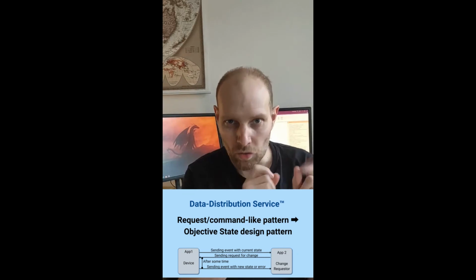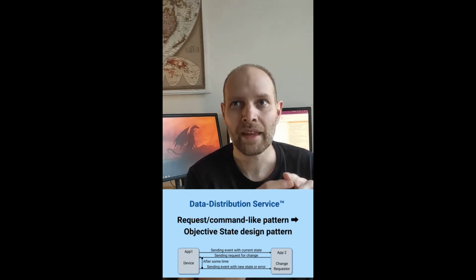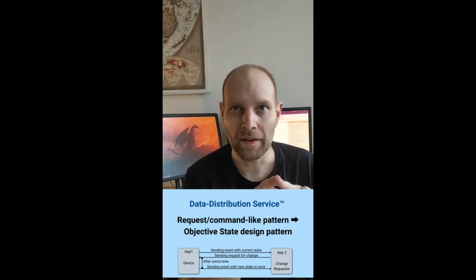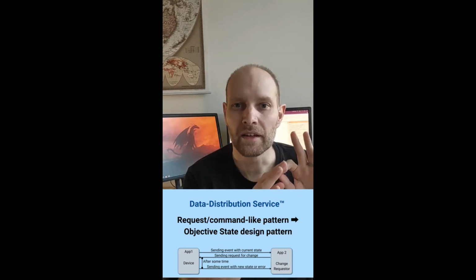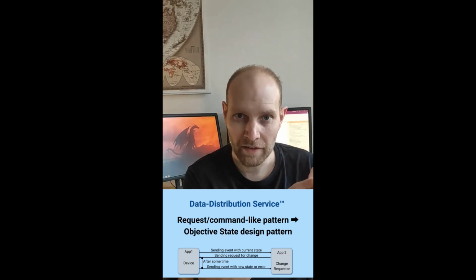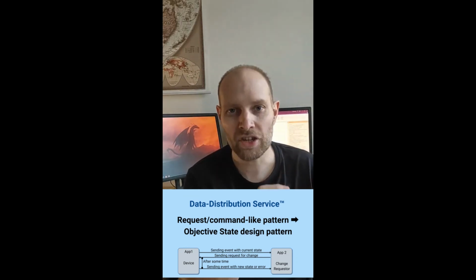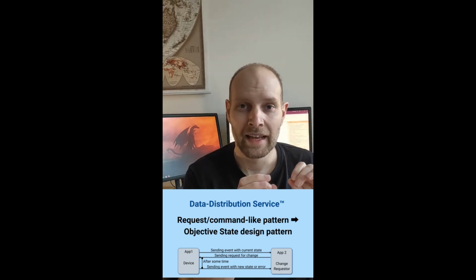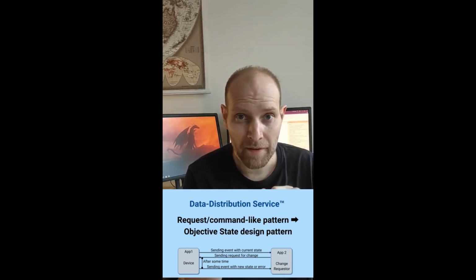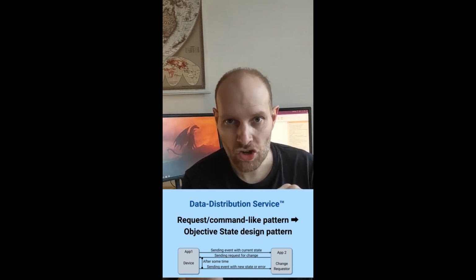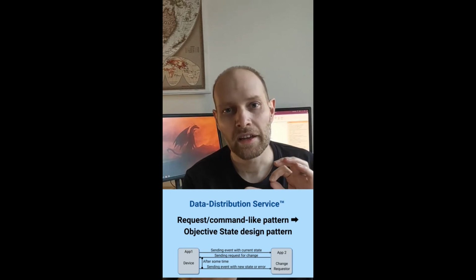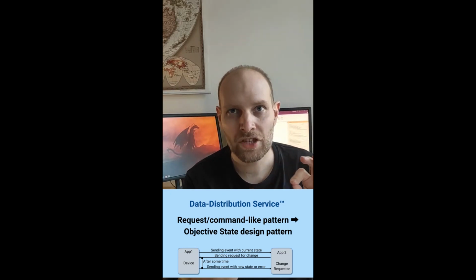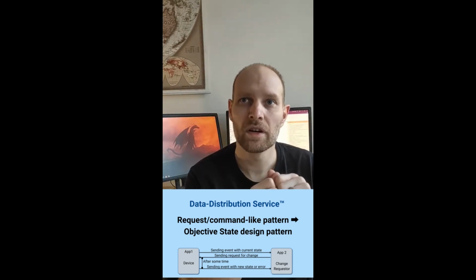Someone subscribed to this type of event, and that someone is responsible for making the change. So the consumer of that request makes a change in the system. And after some time, after the state is changed, it sends a response. It sends an objective state, the new state of the system, as a reaction to the requester.